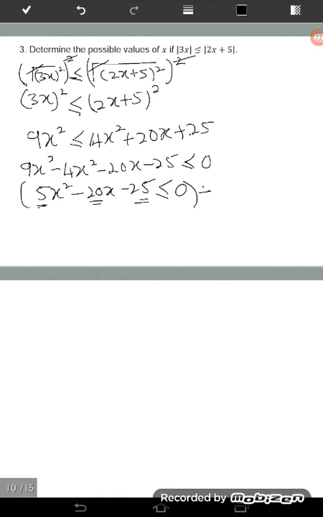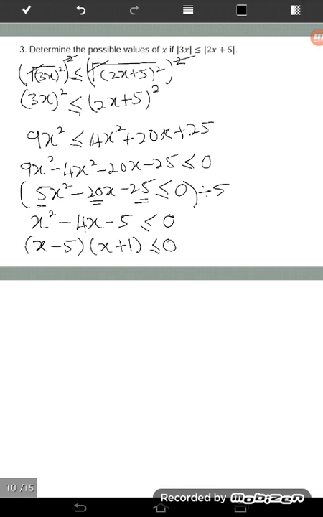So divide by 5. 5 divided by 5, x squared, minus 20 divided by 5, 4x, minus 25 divided by 5, 5, less than or equal to 0 divided by 5, 0. Next, factorize. So factorize, you will have x minus 5 and x plus 1 less than or equal to 0.